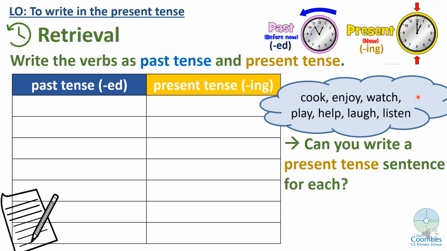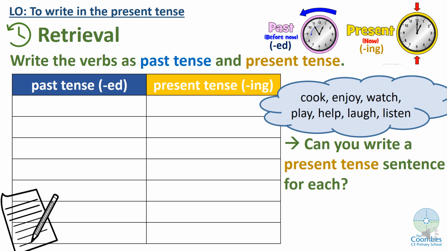The verbs you need to write are over here. So we've got cook, enjoy, watch, play, help, laugh, and listen. So you need to write each verb as a past tense verb and as a present tense verb. I'll do the first one for you as an example.